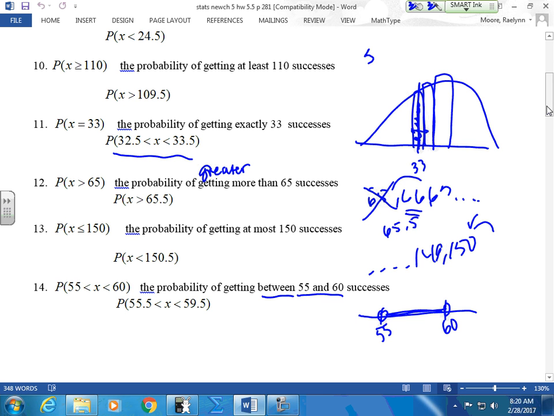So if I started like this, I can't use this one, I can't use this one. I need the numbers in between there. So I take this one, drop it down to 55.5, take this one, raise it to 59.5. That's different than yesterday's inclusive. Inclusive said, include those. You can use those. Between says you can't use them.